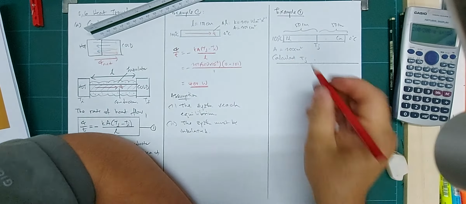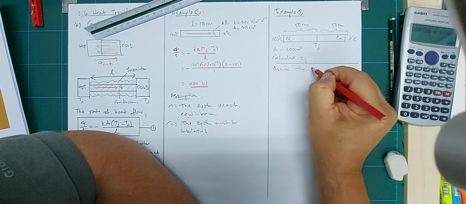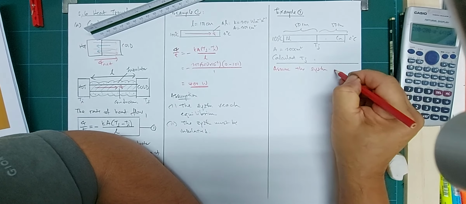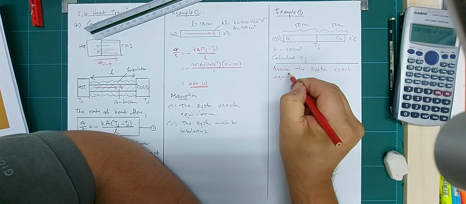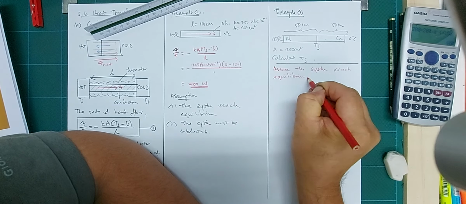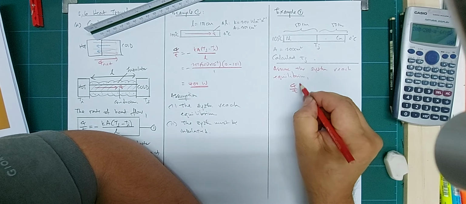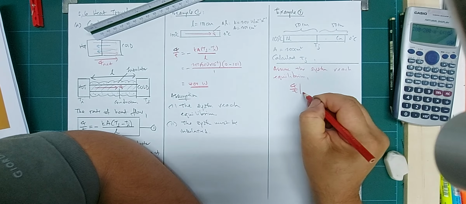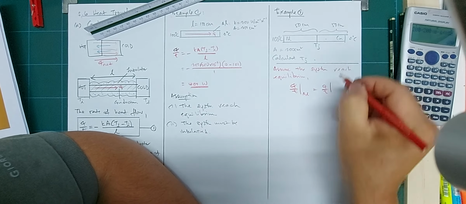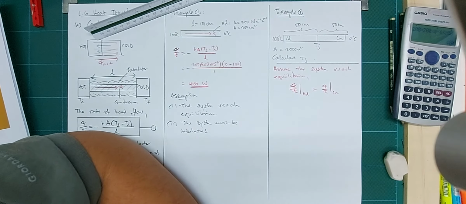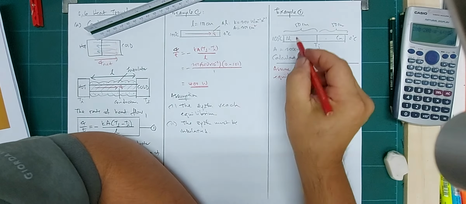Assume the system reaches equilibrium. When they reach equilibrium, the Q over T for the aluminum side must equal the Q over T for the copper side. That is the meaning of equilibrium. Everything should be the same.